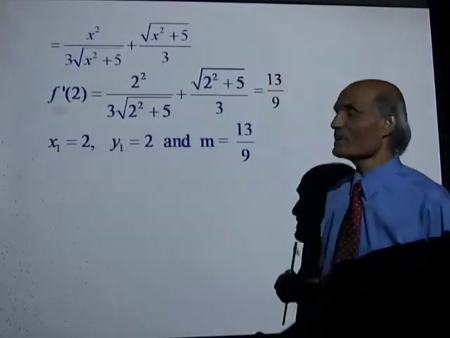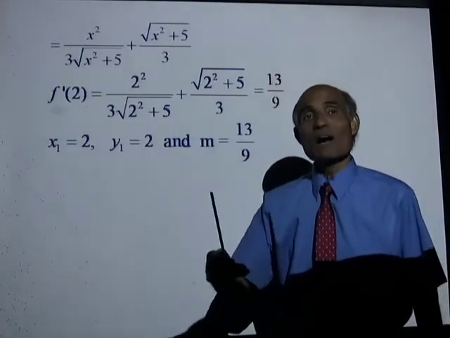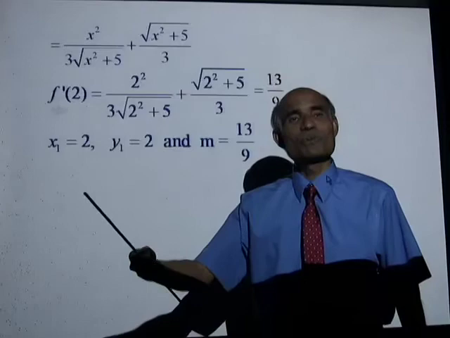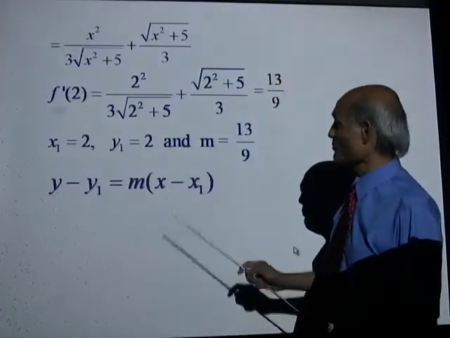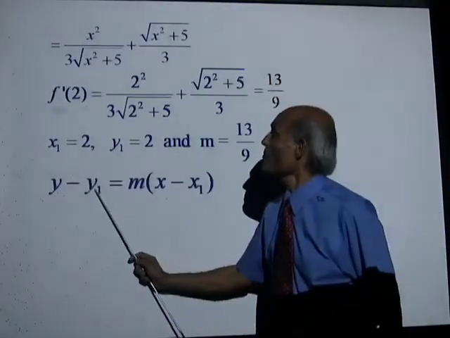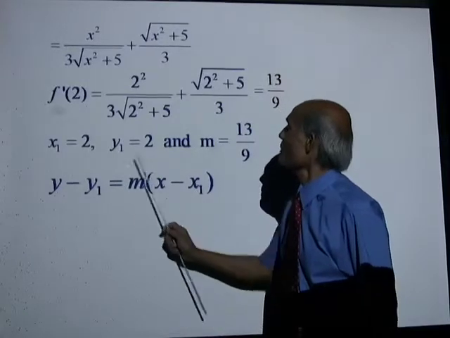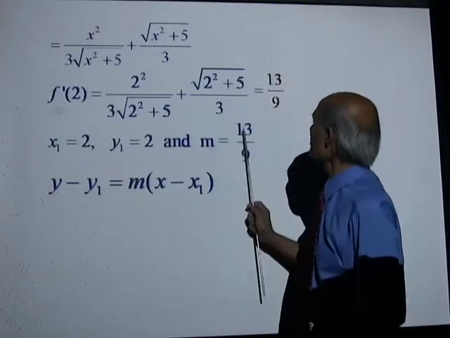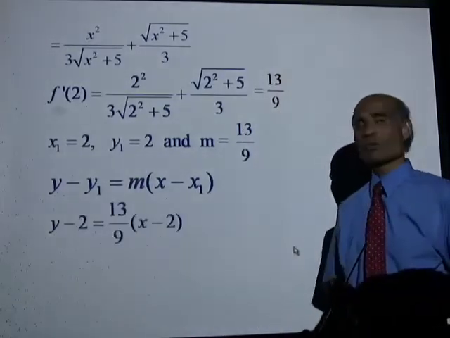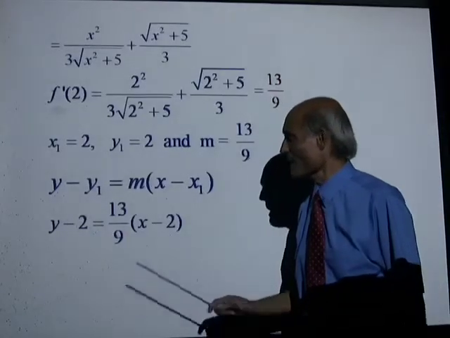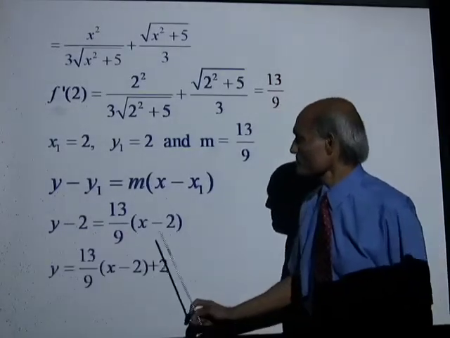What is the form of the equation? y minus y1 equal to m times (x minus x1). Your y1 is 2, x1 is 2, m is 13/9. Replace all that and then simplify. What do you do there?